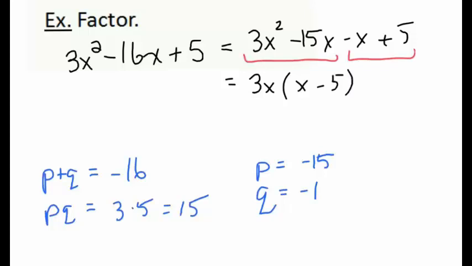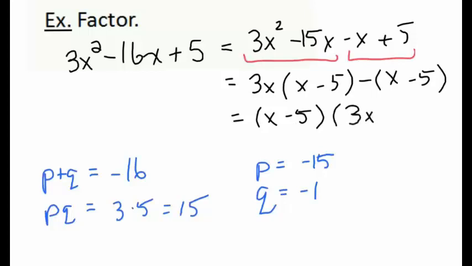Now we get to use a technique from a couple chapters ago. See here how we have x minus 5, but up here we have negative x plus 5. So let's factor out a minus 1. If we factor out a minus 1, this changes the sign of our two terms inside the binomial. And now we have that common binomial factor of x minus 5. So we can bring that one out, and we'll be left over with 3x minus 1.